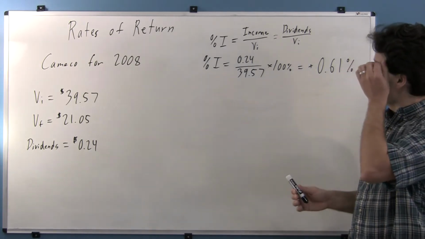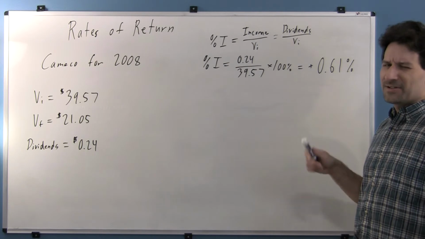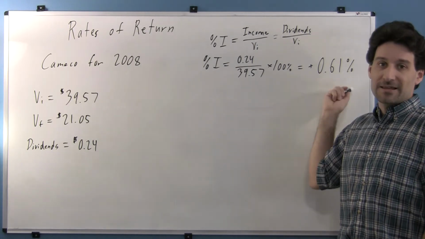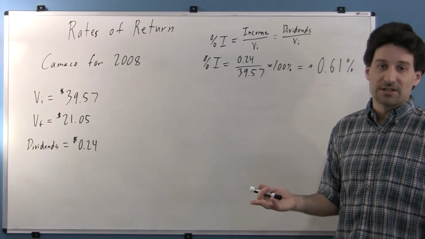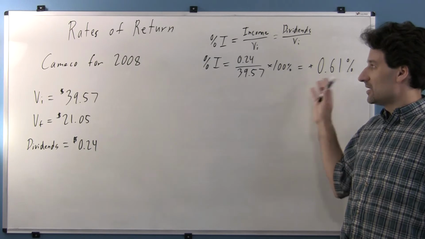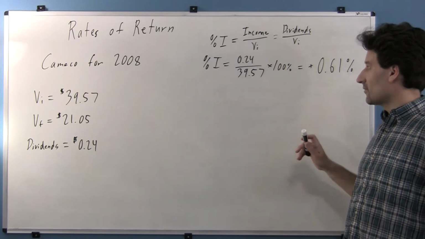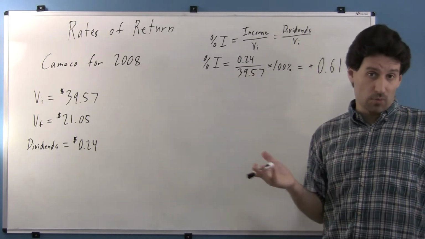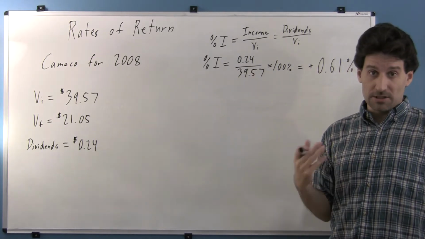I hate to see people get the wrong answer; if you show me this work, I know you just hit a typo somewhere by mistake. But it's nice to have that in the back of your mind, thinking, did I get about the right answer as I go? Okay, so we earned 0.61% on the dividends that year.